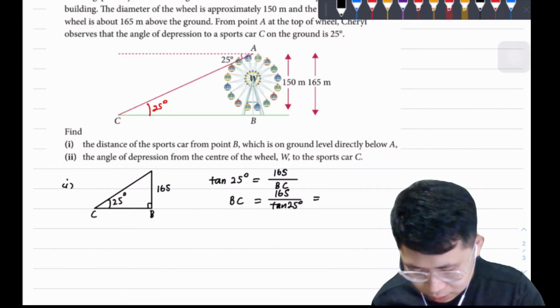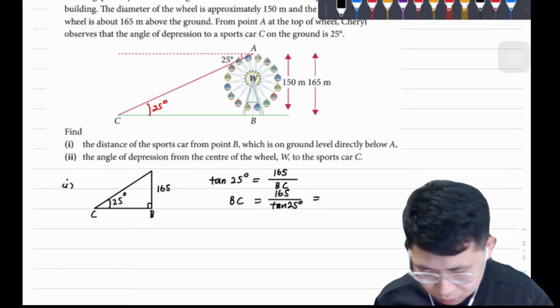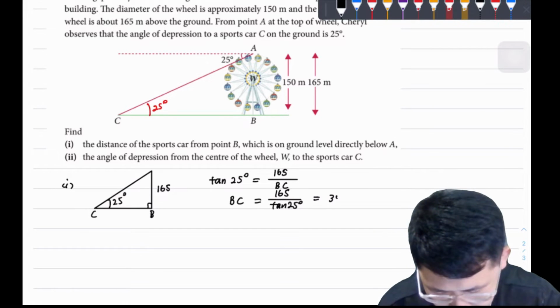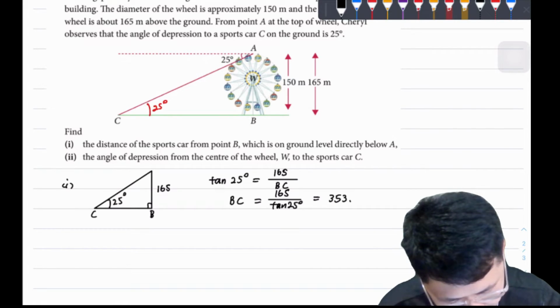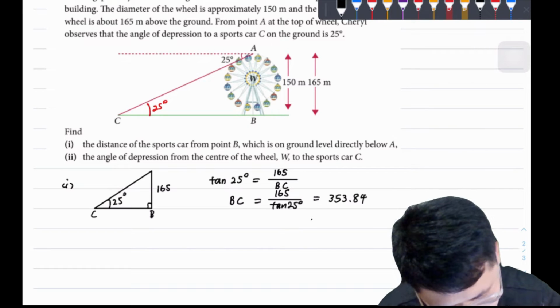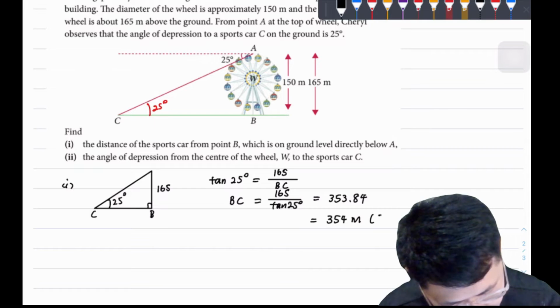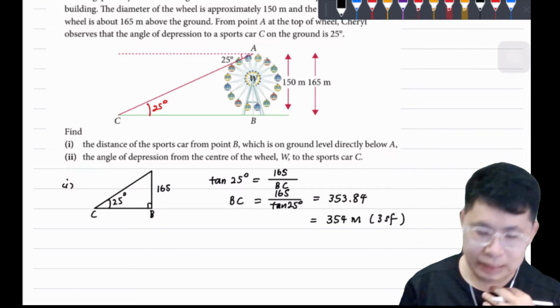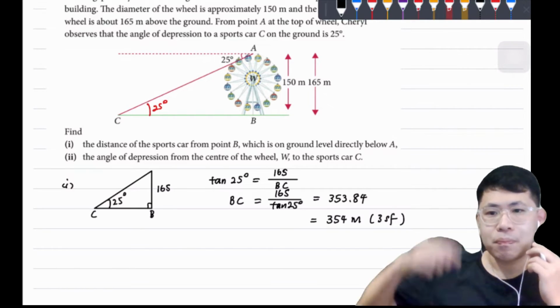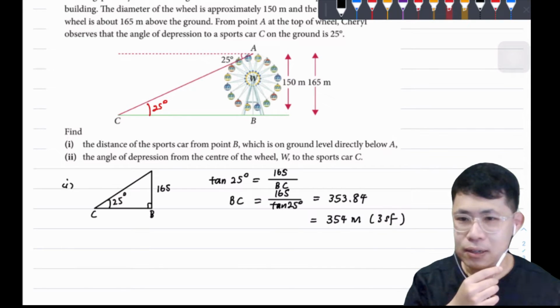So 165 divided by this will give me 353.84. So this is actually 354 meters to 3 significant figures. Okay, so this is number 1.